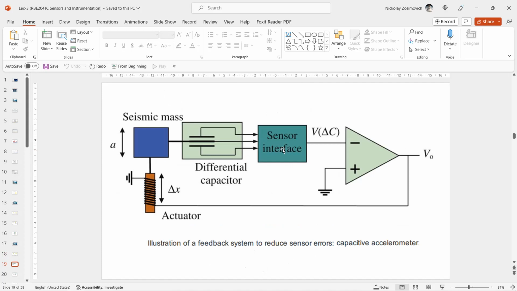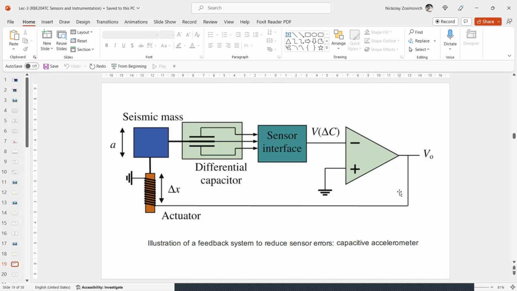This method is illustrated with an example of a capacitive accelerometer system in which two error reduction methods are combined: compensation by balanced sensor construction, and feedback by an inverse transducer, as you can see in this slide. Okay?